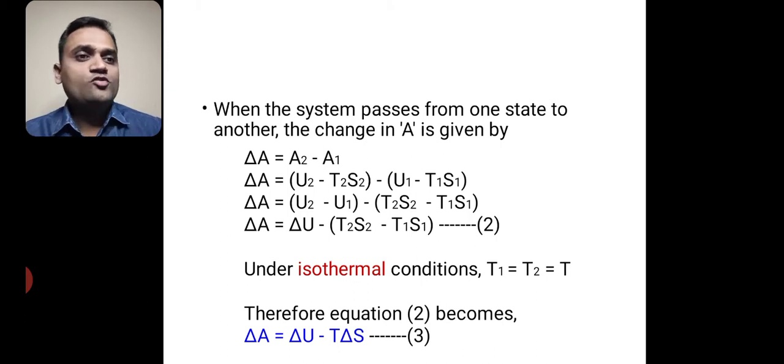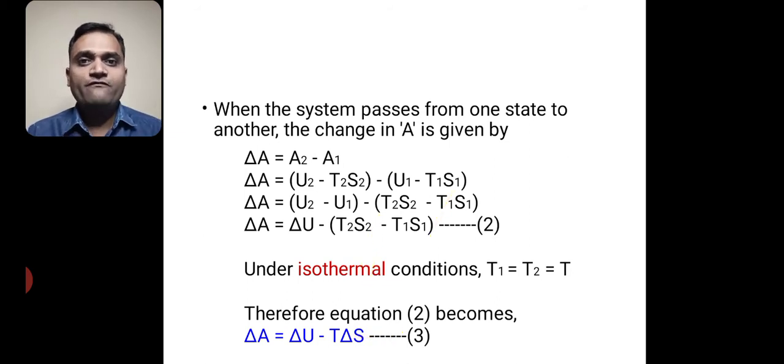So T1 is equal to T2 is equal to T. Therefore equation 2 will become delta A is equal to delta U minus T delta S. We put T in place of T2 and T1, therefore it becomes constant, so it is outside the bracket, and S2 minus S1 gives us delta S. So finally we get the equation delta A is equal to delta U minus T delta S. So this is our equation 3.